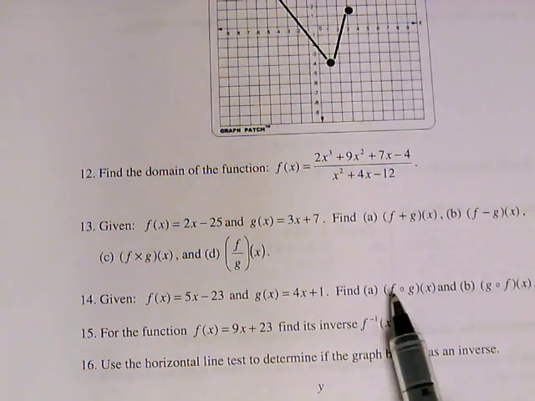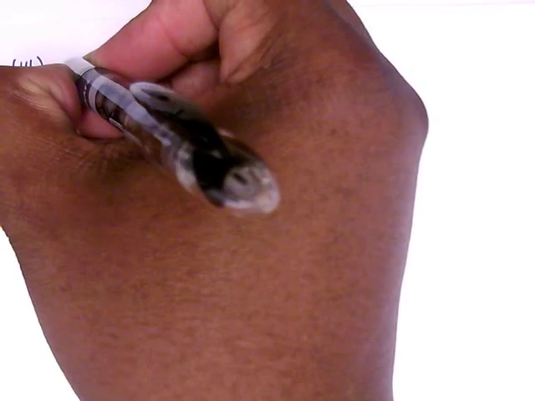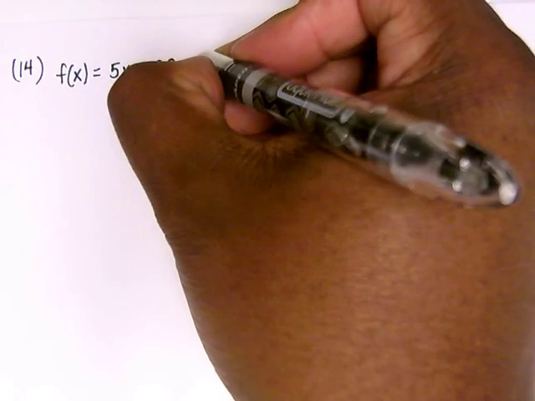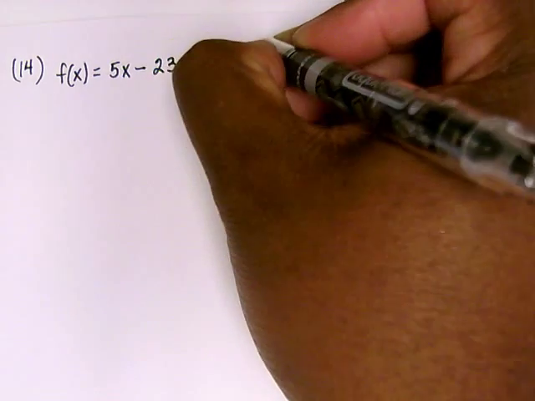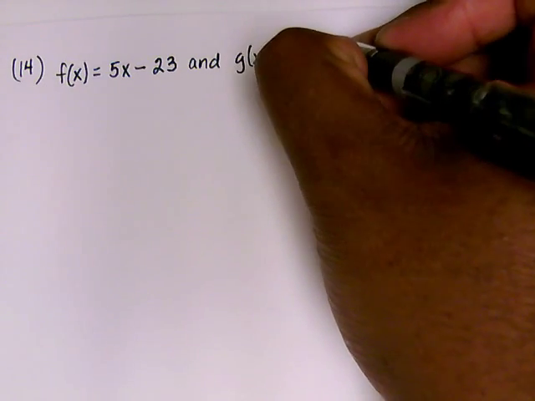And here we want to find f circle g of x and g circle f of x. That's the composition of f with g of x and the composition of g with f of x. So here, f of x was 5x minus 23, and g of x is equal to 4x plus 1.